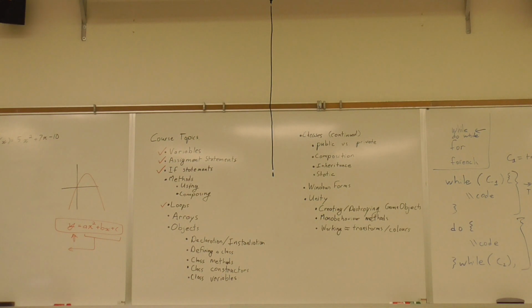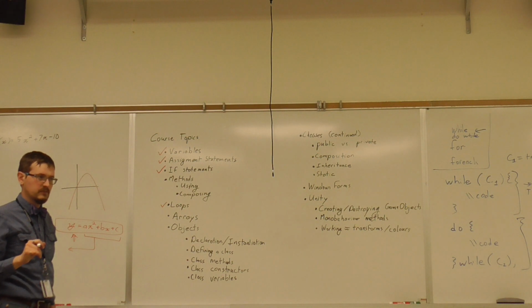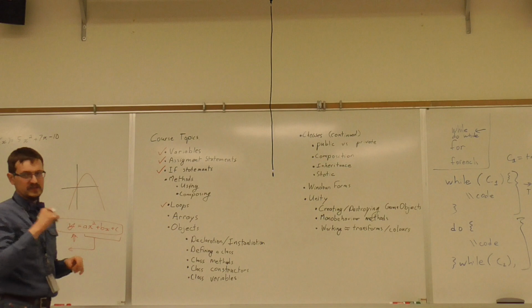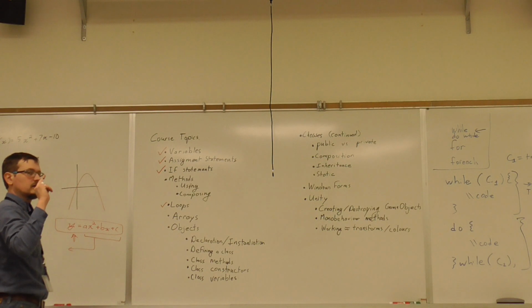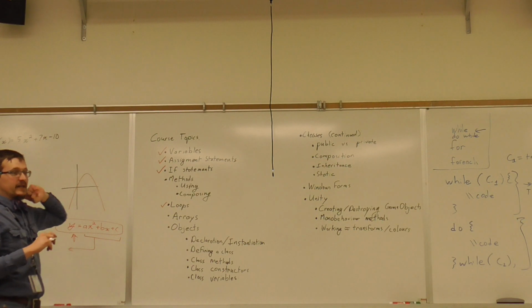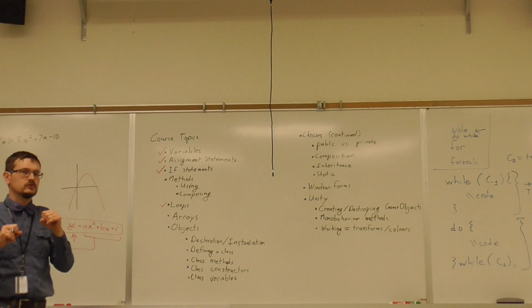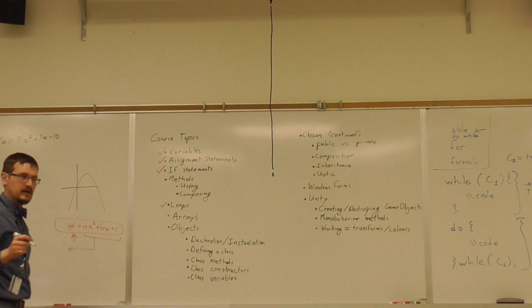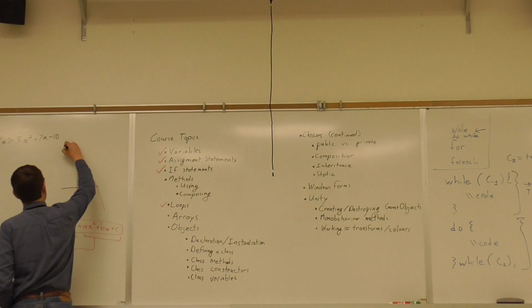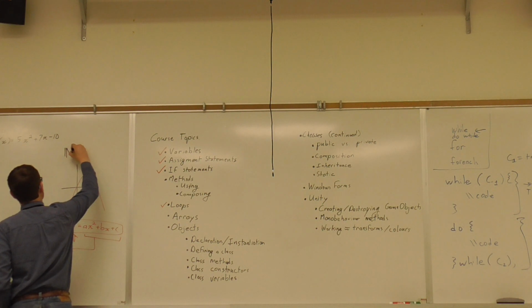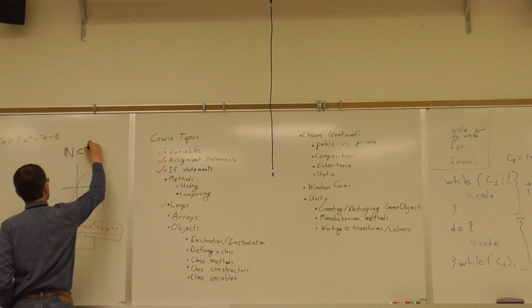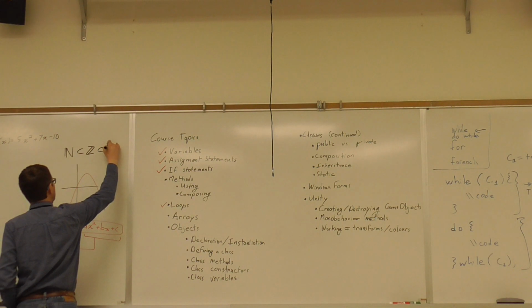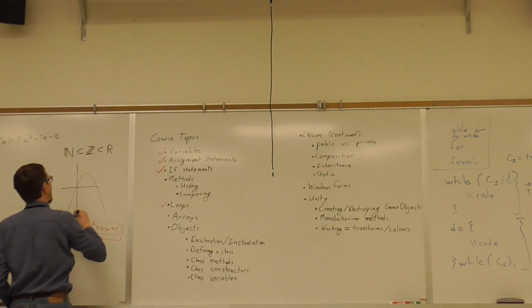First, we have to decide what the inputs and the outputs are, or what their data types are, right? For this type of mathematics, we generally default to real numbers. Remember my discussion about how the natural numbers are a subset of the integers, which are a subset of the real numbers?